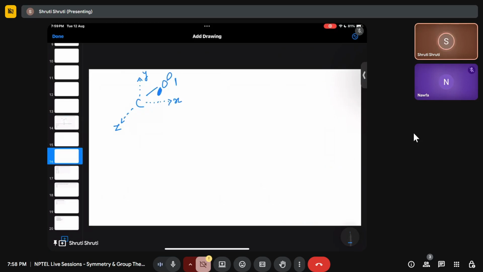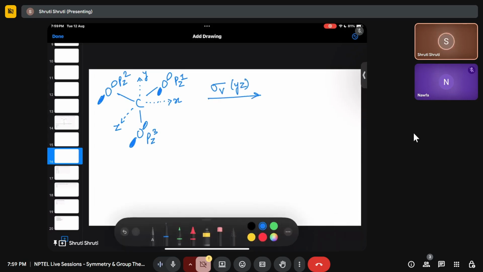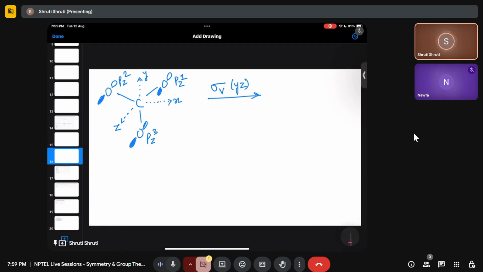Okay, so this is it. D says we have to apply sigma v, Y and Z. So where will the plane be? Y, Z plane, this plane.